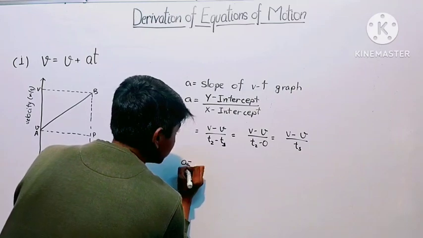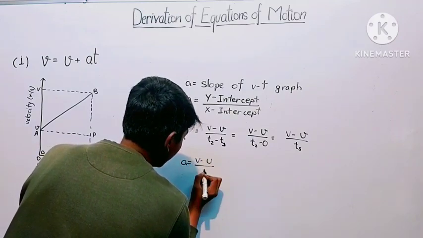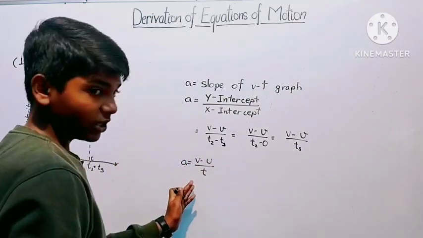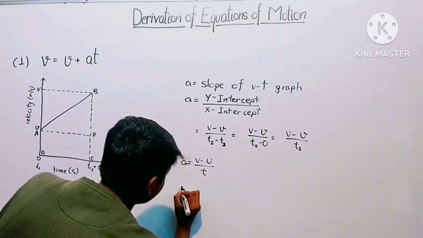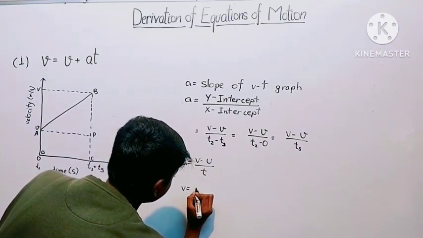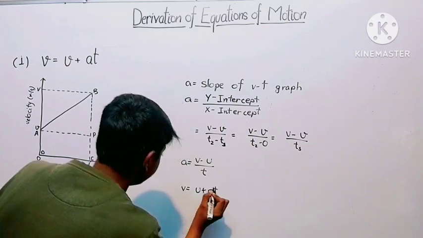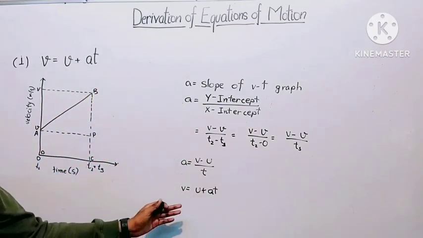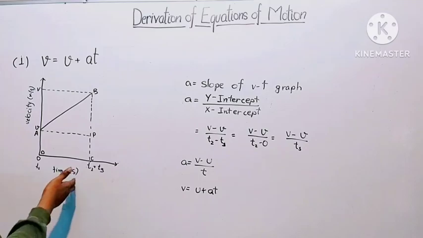So acceleration is equal to v minus u upon t, and from this equation we can get v is equal to u plus at. So we have completely derived the first equation of motion using this graph.